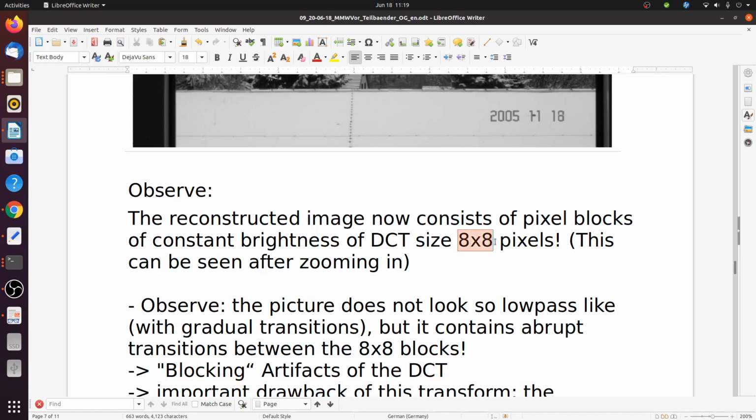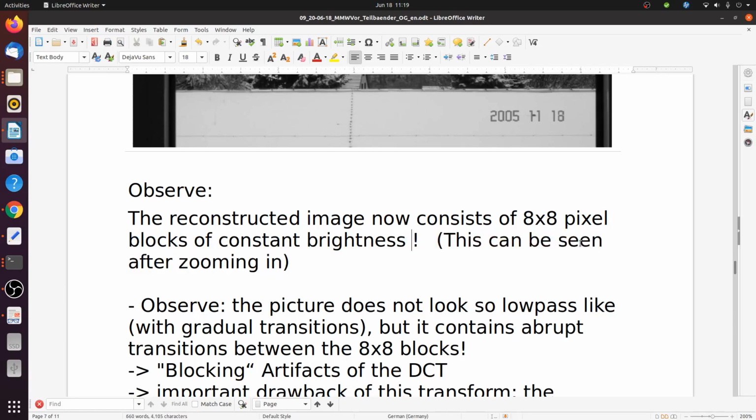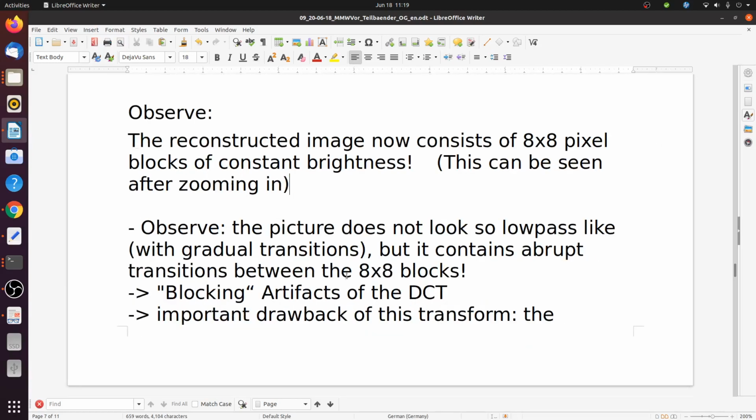Maybe I should just call this 8x8 pixel blocks, make it a little shorter. Yeah, it contains abrupt transitions between the 8x8 blocks.